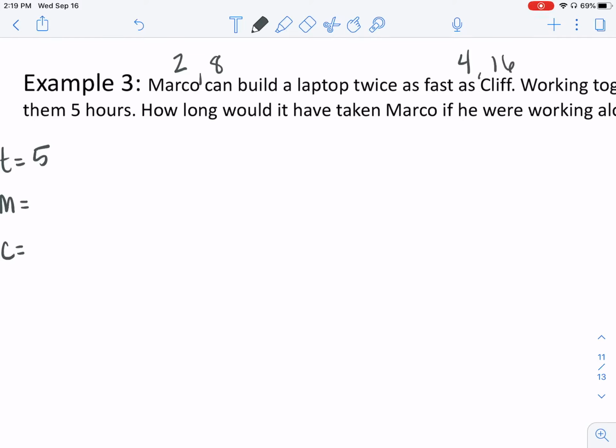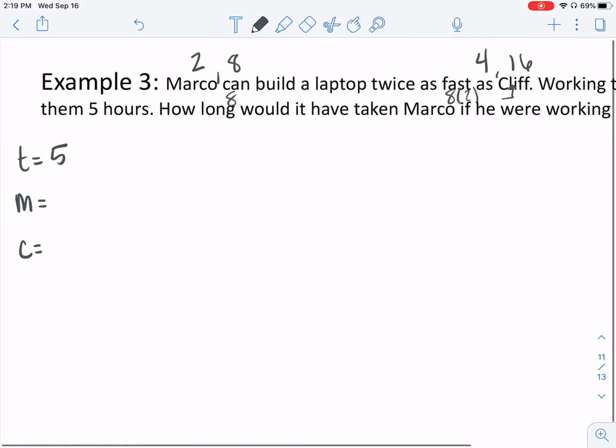So see this pattern, that whatever amount of time it takes Marco, it takes Cliff twice that. So I take whatever number I have here, so I had 8, I multiplied it by 2 to get the 16. So that means Marco is just Marco, but then I take whatever Marco did and I multiply it by 2 to get Cliff. So that's how I'm going to do this, I'm going to put Cliff in terms of Marco.